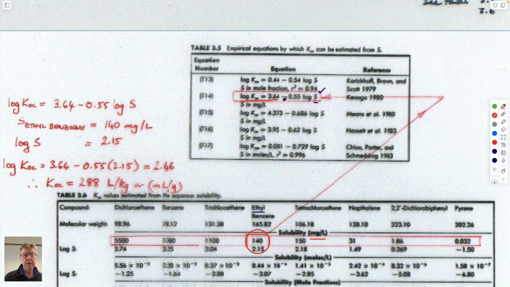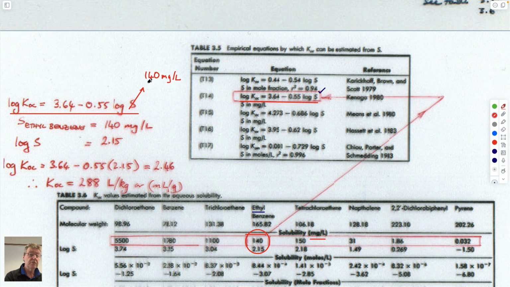You pick an expression, which is this one here. These relationships are not dimensionally homogeneous. You have to use the right units, so beware of that. This is in milligrams per liter.